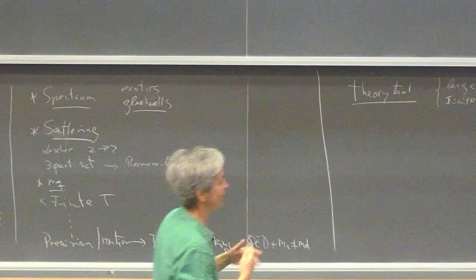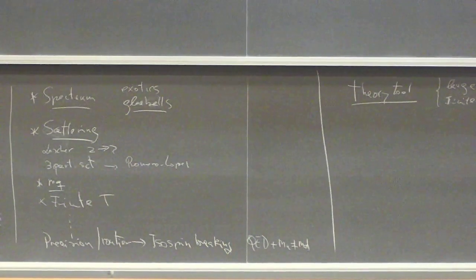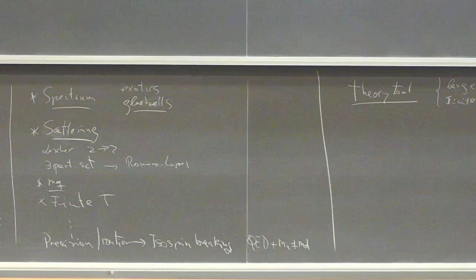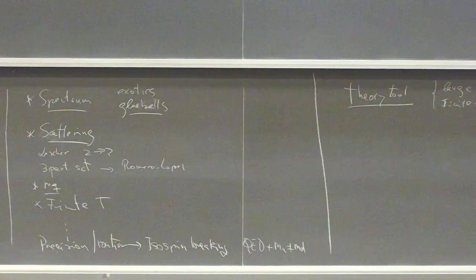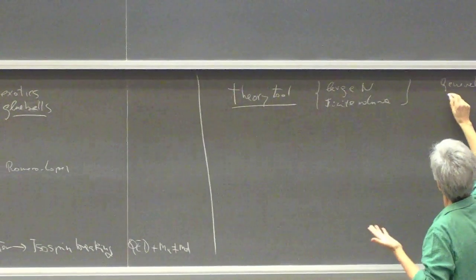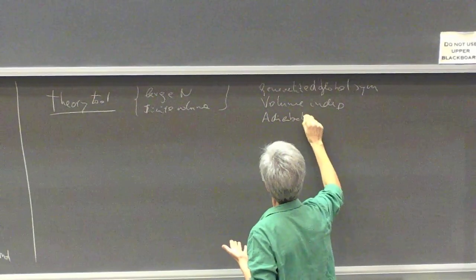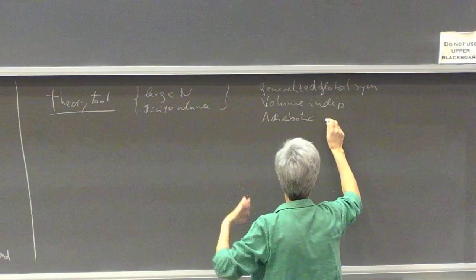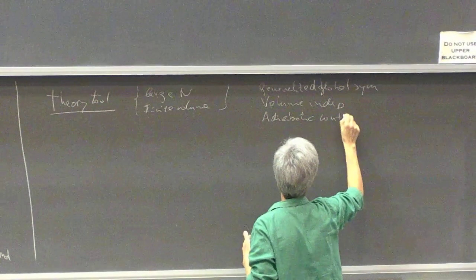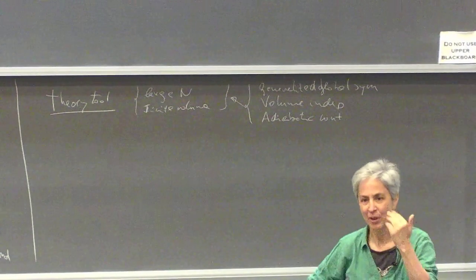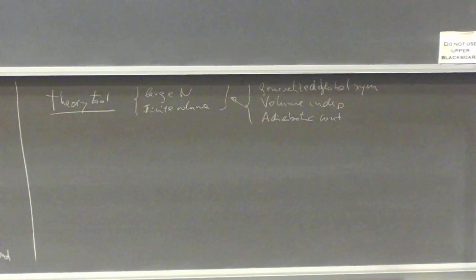So there are things that maybe ring a bell for some of you, like generalized global symmetries, or volume independence, or adiabatic continuity. I will talk a little bit about these things later on. There is a lot of relation with things that people have been doing in the lattice since very long ago.